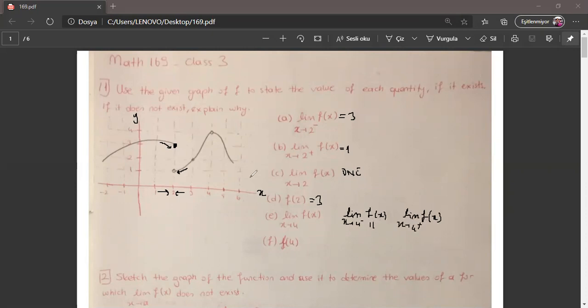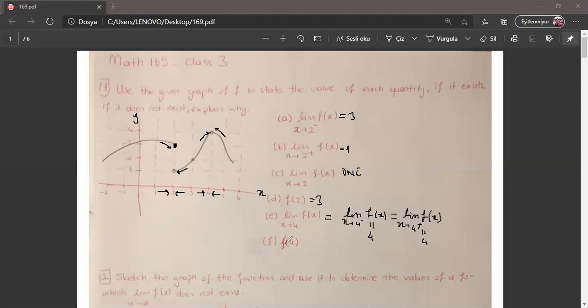So we're approaching 4 from the left, and we see on the graph it's approaching 4. So the limit is 4. What about the right hand side? On the graph, we see it's again 4. So they are equal, then this limit exists and it's 4.